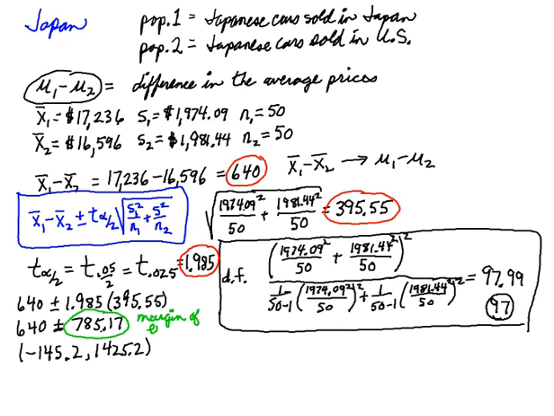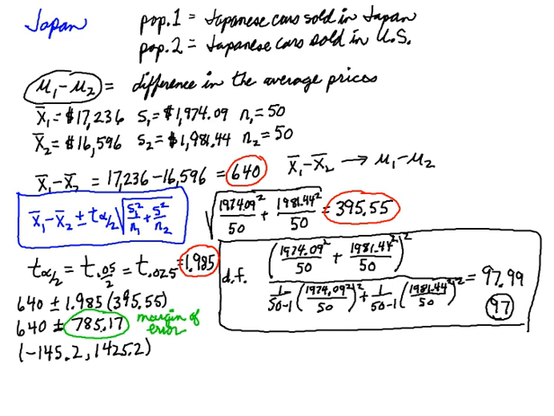So that is my margin of error. Now remember that the $640 is an estimate of the difference in average prices between the two countries. The question that a confidence interval answers is, how far off could that estimate be from the real difference in average prices?